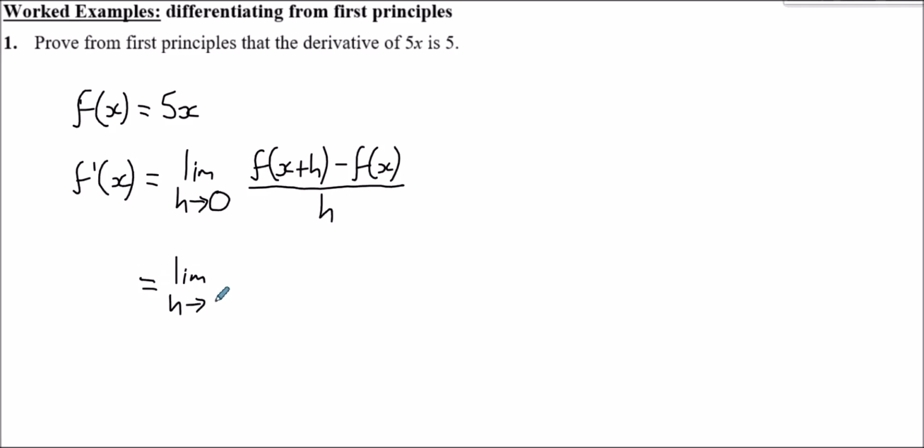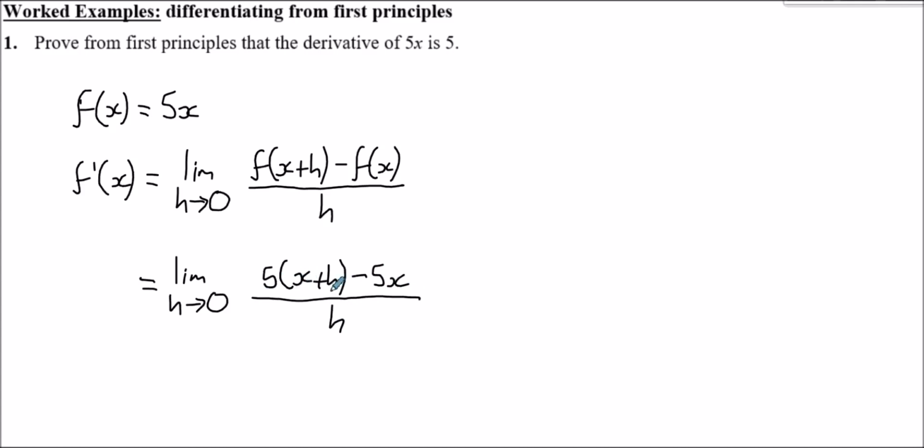Okay, now we defined the function of x to be 5x. So the function of x plus h is just going to be 5 lots of x plus h this time. So 5 lots of x plus h minus 5x all over h.